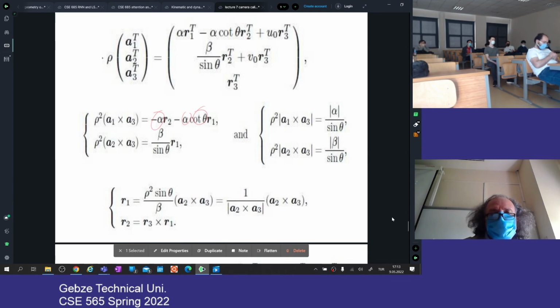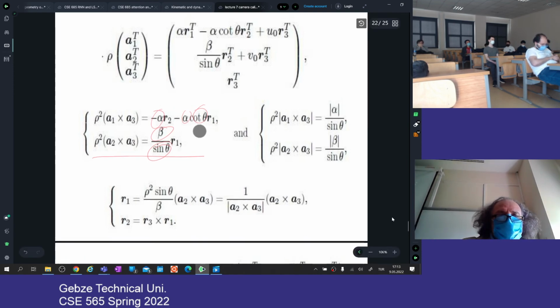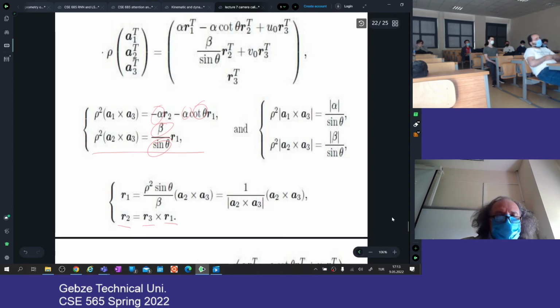Oh sorry, I'm looking at this one. I know this one and this one. In that case, I can figure out this R1. If you know R1 and those values, you can get R2. Or if I cross product R1 with R3, you can get R2. So I know all of them, R2, R3, and R1.